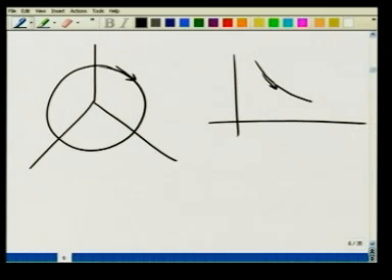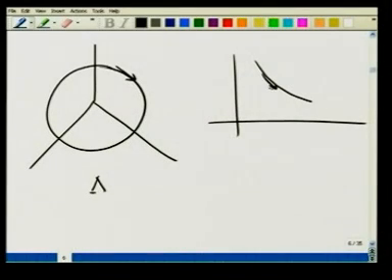For example, in the case of the Coulomb potential, if I move along the sphere, then I am keeping U constant. Similarly, in the case of U equal to kxy, if I move along this hyperbola, U remains a constant. And therefore, if I move along the contours, delta U is 0.